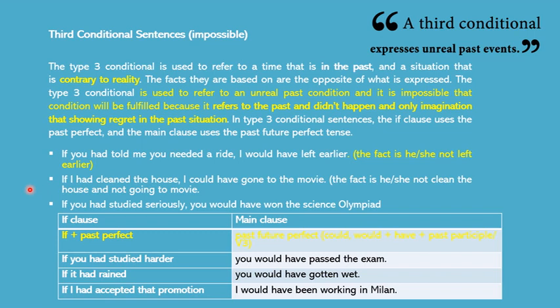Okay, now we continue with the second example here: if I had cleaned the house, I could have gone to the movie. The fact is, he or she did not clean the house and did not go to the movie.